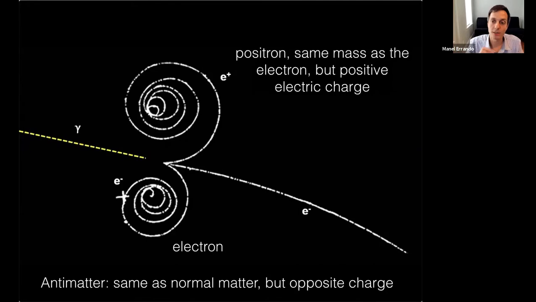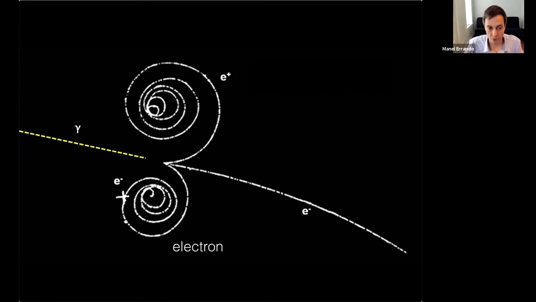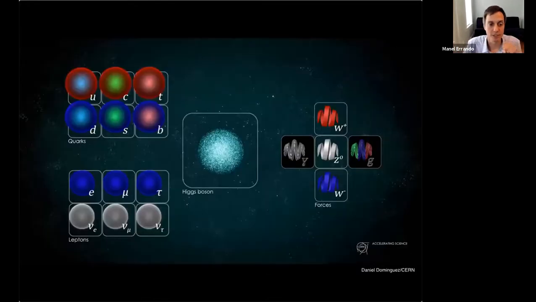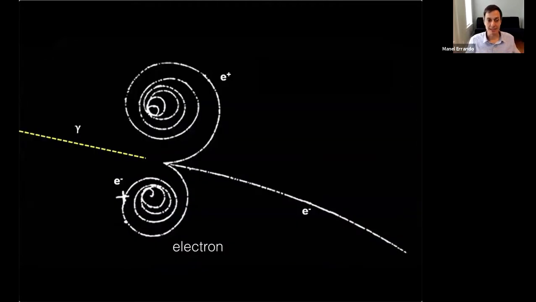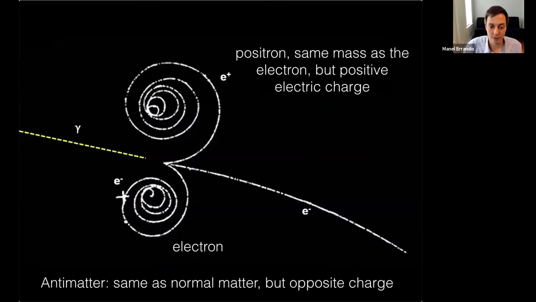And for each particle in our family picture of the standard model, there's an antiparticle that has the same properties but opposite charge. So in order to explain everything that we see, we need all these particles in the standard model, but all these particles have antiparticles as well.